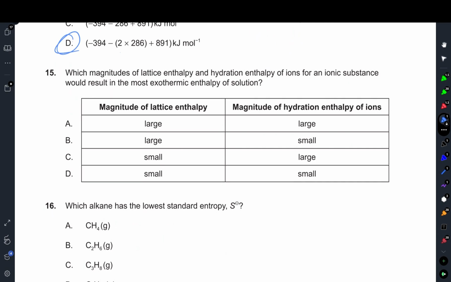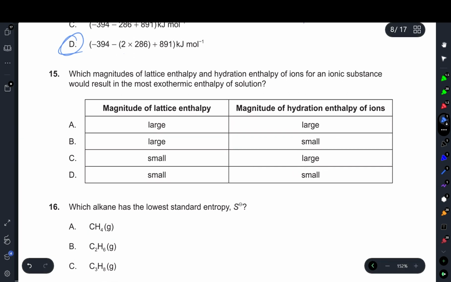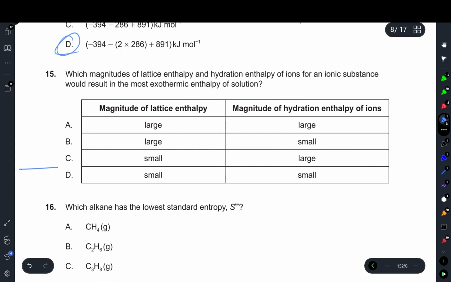Which magnitudes of lattice enthalpy and hydration enthalpy would result in the most exothermic enthalpy of solution? So let's go ahead and draw out what that means. So if this is your base value and this is your full, these are your gaseous ions. From here to here, you have delta H lat.